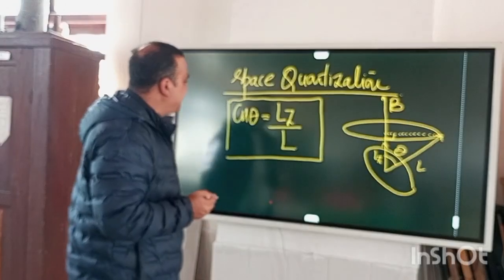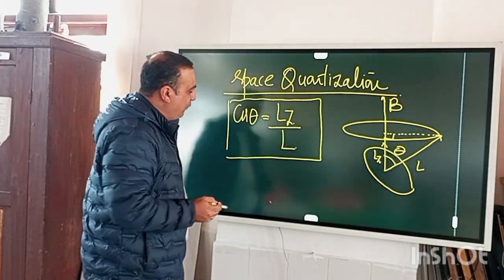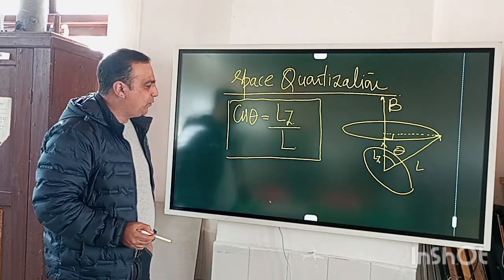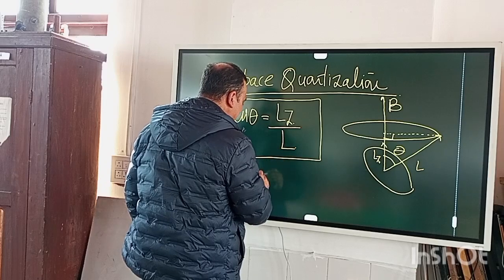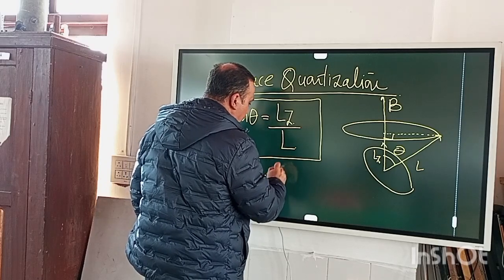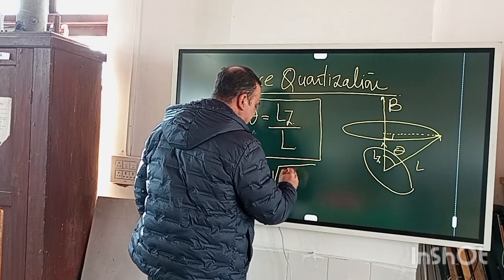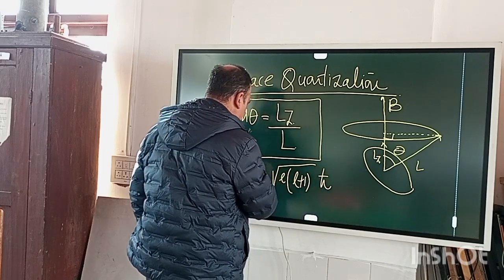For a one electron atom, we have already calculated this L by solving the Schrödinger wave equation, and the magnitude of L is the square root of l times (l plus 1) h bar.